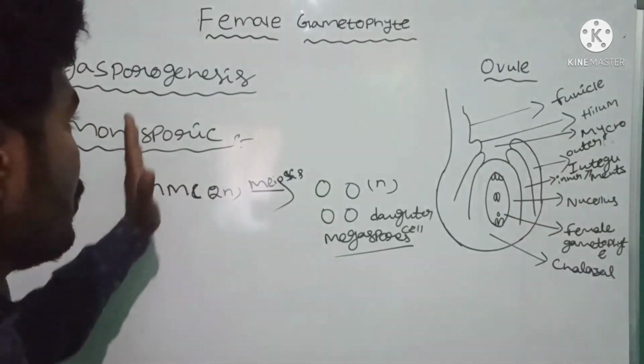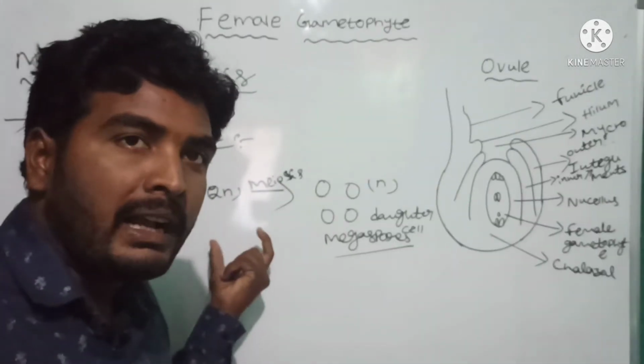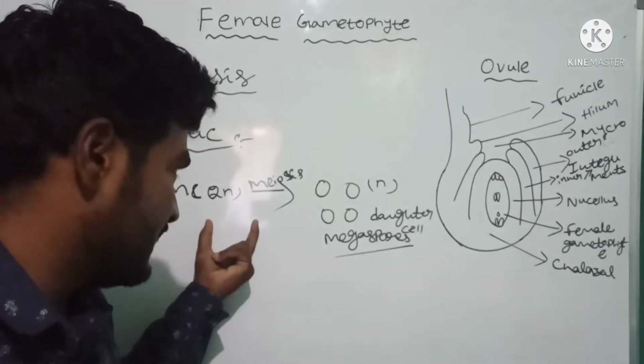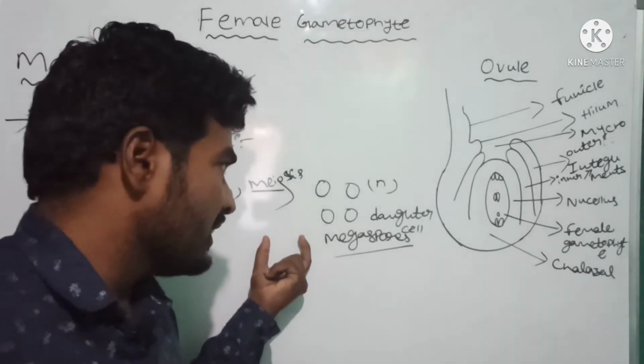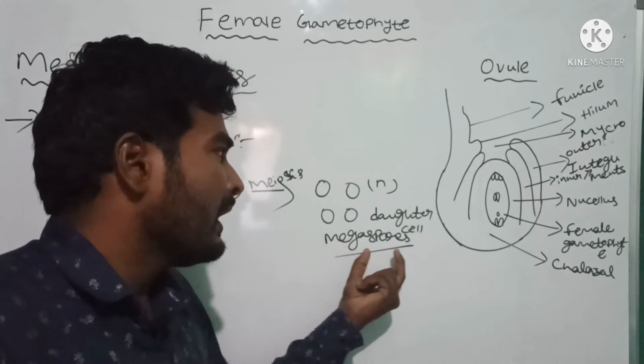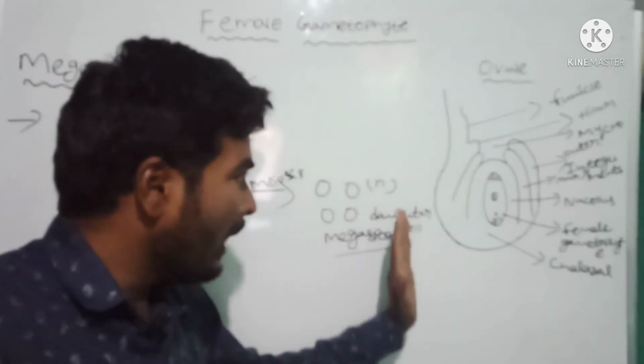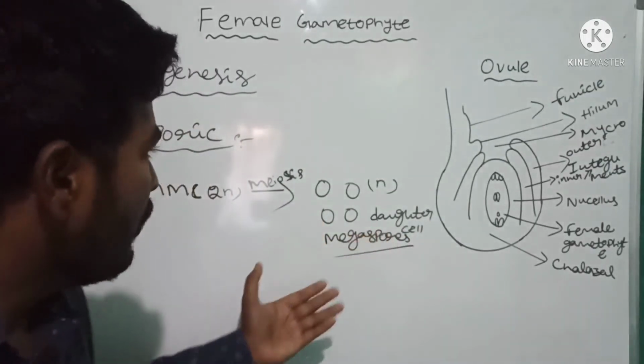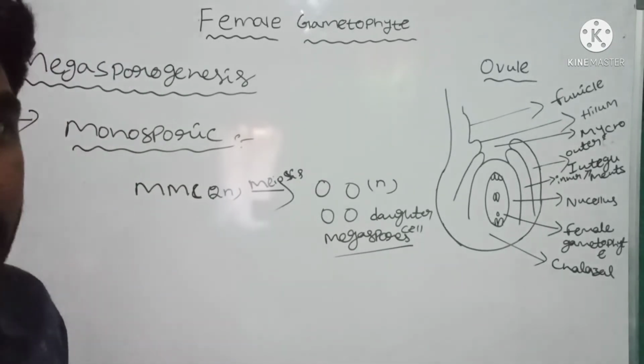Development of megaspores from the megaspore mother cell through meiotic cell division forms four haploid daughter cells, the megaspores. Now, what is monosporic development here?